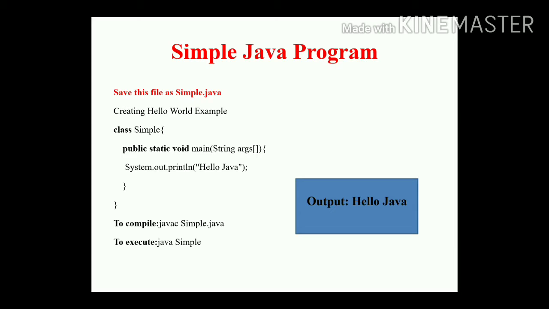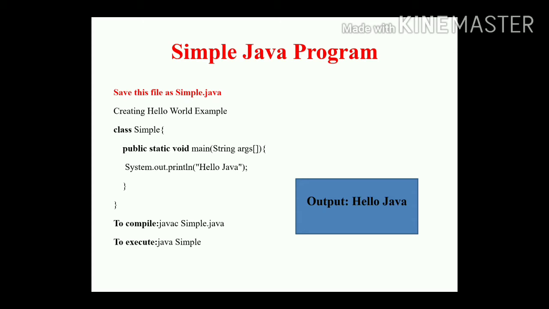This System.out.println is going to print Hello Java World. Then a closing bracket for the main, and a closing bracket for the class. This is a simple Hello World example to print Hello Java World.